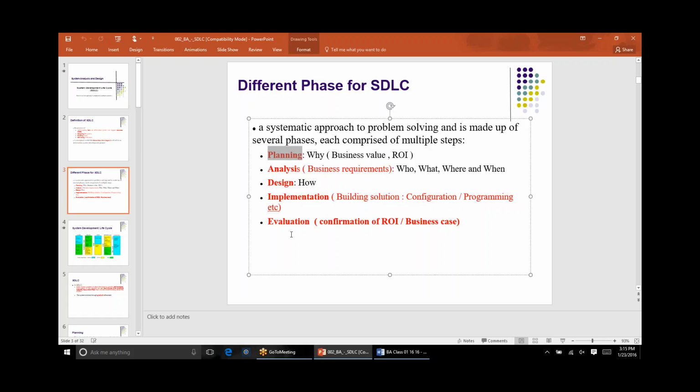At the end of the day, in all implementations, all software development life cycle phases, ultimately, these are the 5 steps. Remember these.